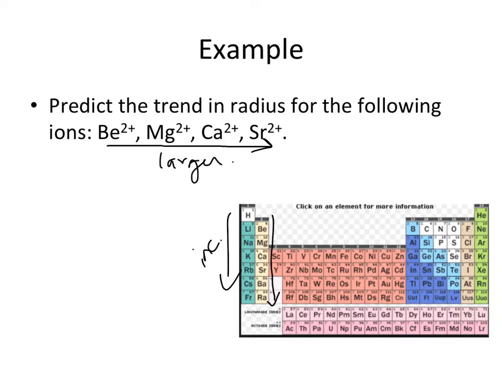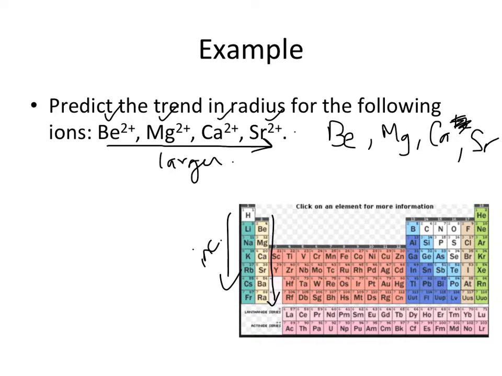Now, each of these ions, when discussed with respect to their original neutral parent atoms, would be described as smaller, because remember, when you remove electrons, you get that contraction because the nucleus is pulling more tightly on fewer electrons.